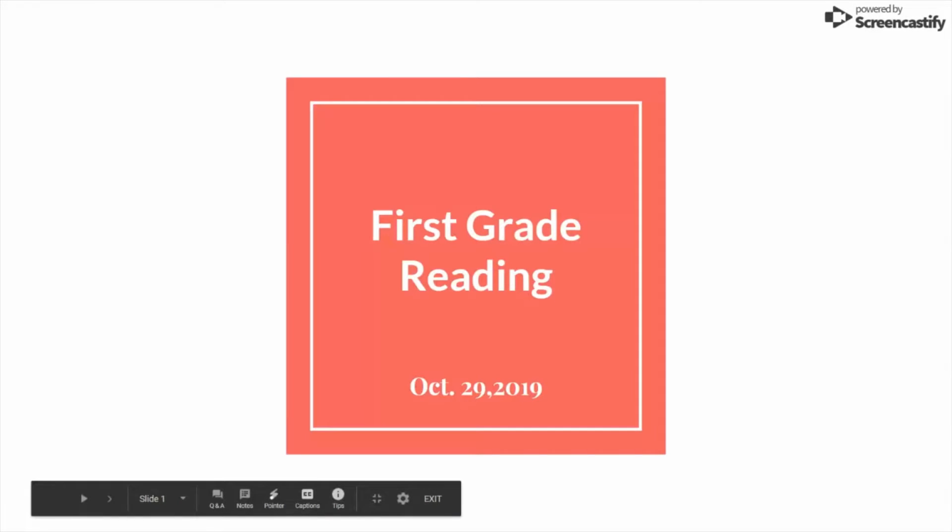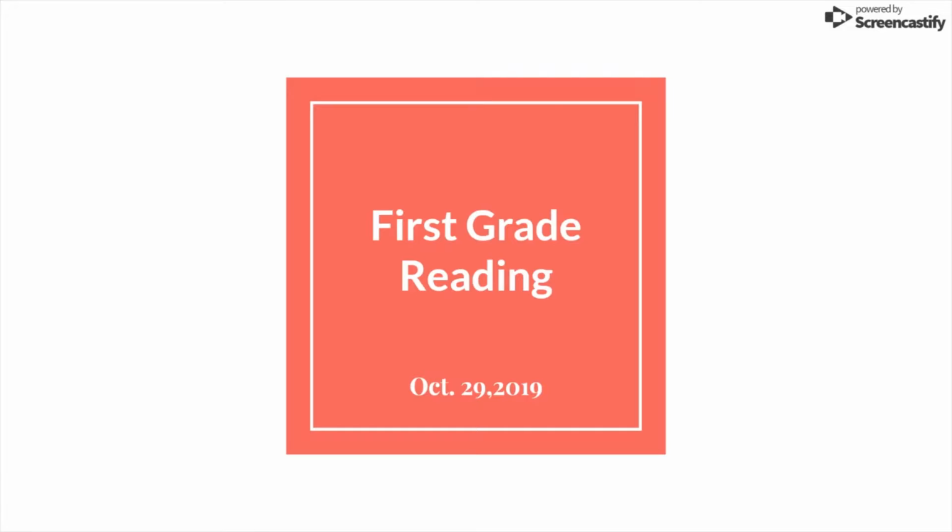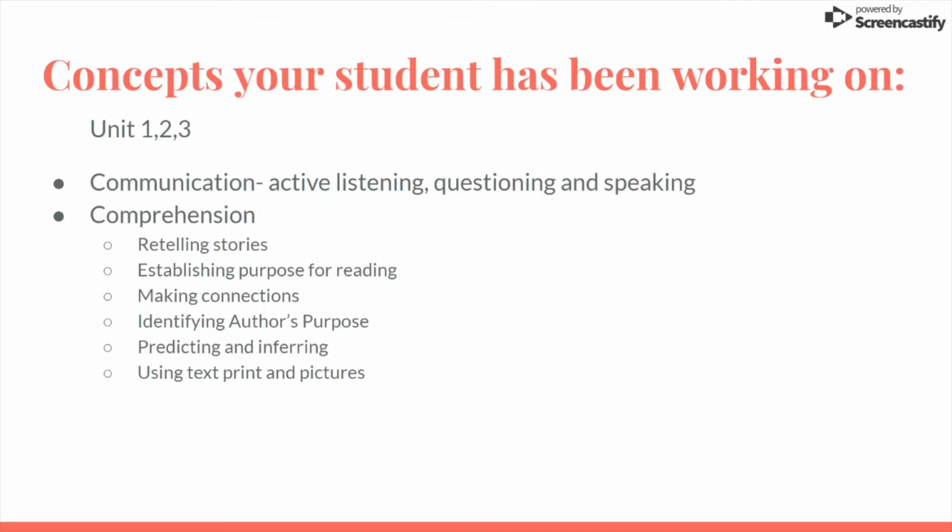Okay, so this is just going to be a quick overview of what we've done so far in our first grade reading time and what we're working towards your child being able to do. So first off, concepts we've been working on are communicating effectively with peers. That means active listening, asking appropriate questions, speaking in the correct volume, and comprehension.